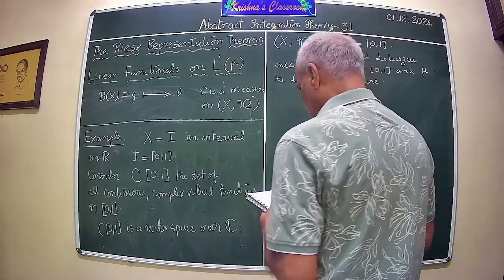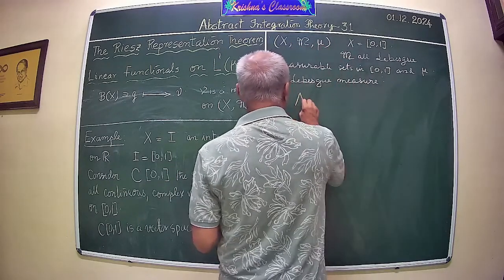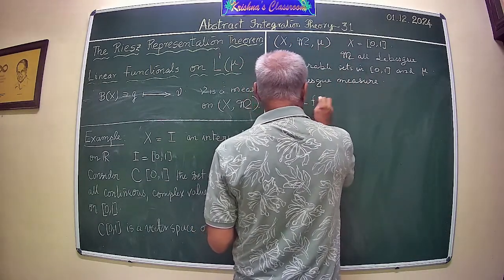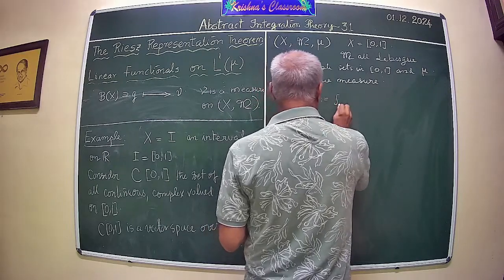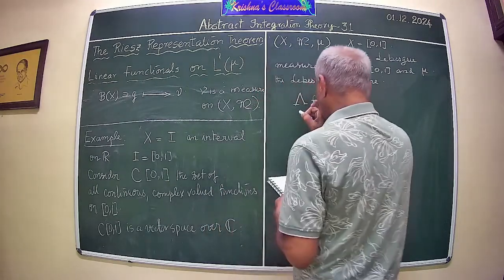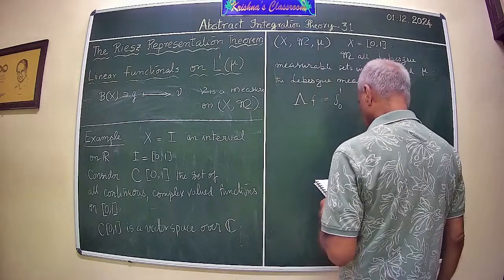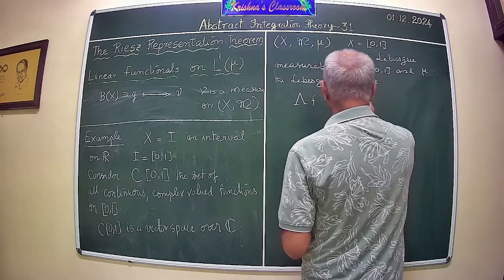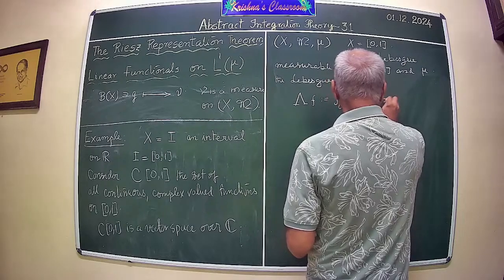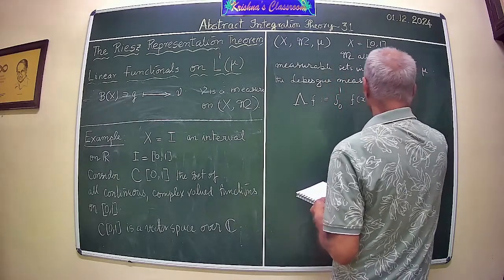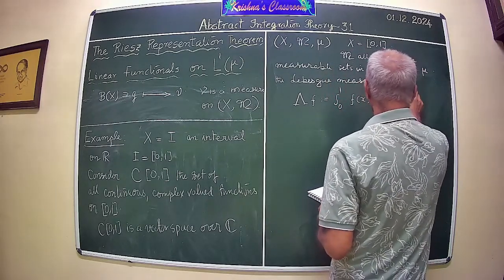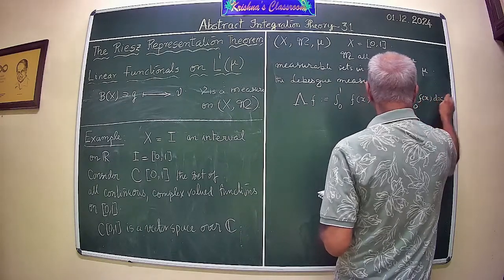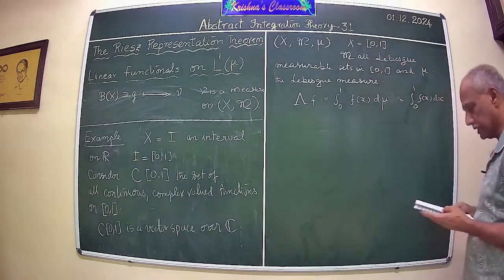So what you have is lambda f, the integral of f d mu. You can write this as the integral from 0 to 1, our standard integral for continuous functions.